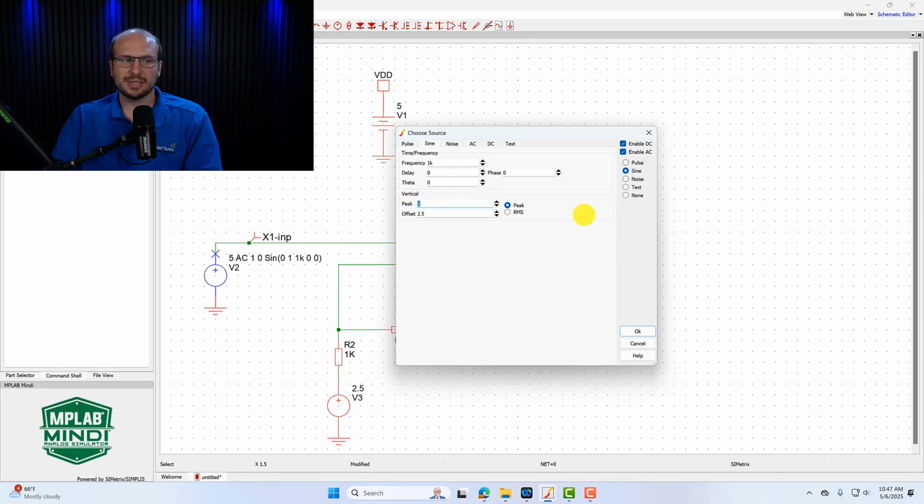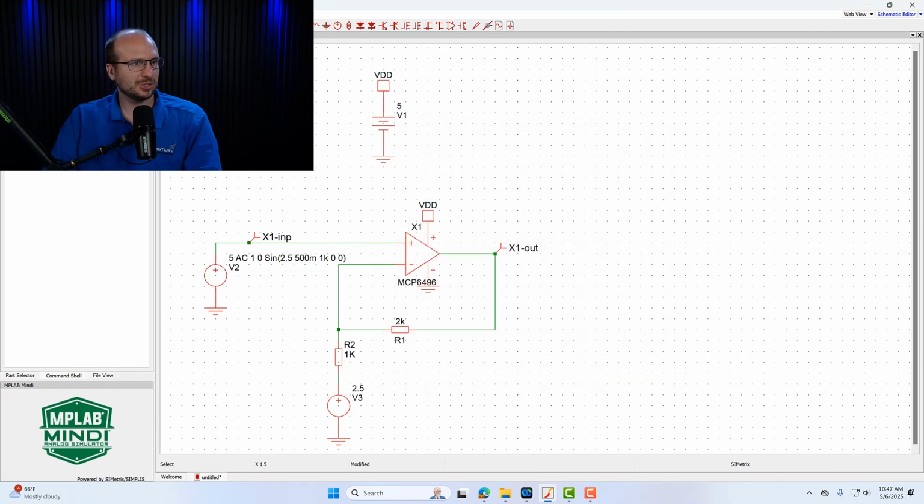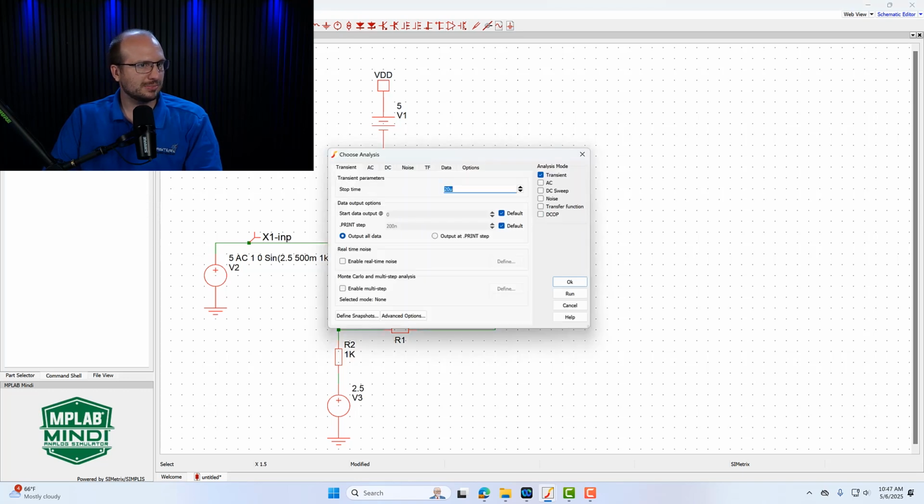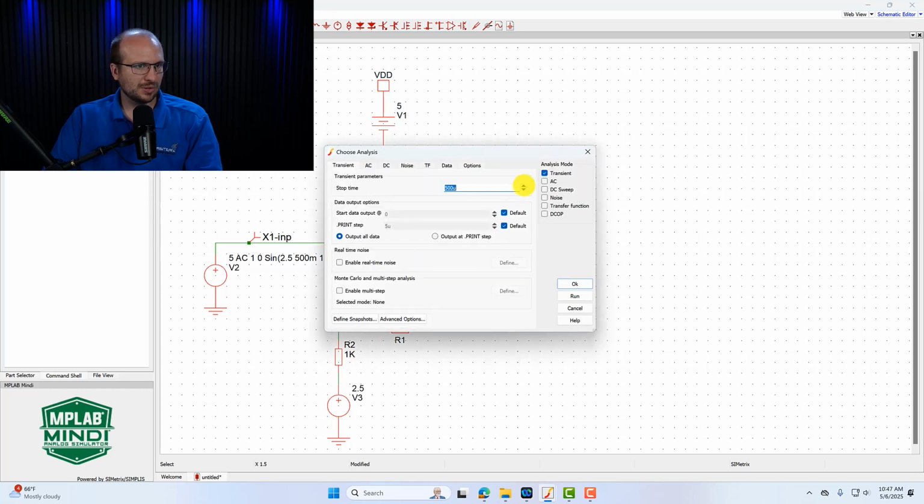We want to keep it within the dynamic range. If it were an amplitude of 1 volt for the sine wave, and our gain is 3, that would push us outside of the dynamic range. So let's say 0.5 volts. That should be good. And let's make sure our transient analysis has enough time.